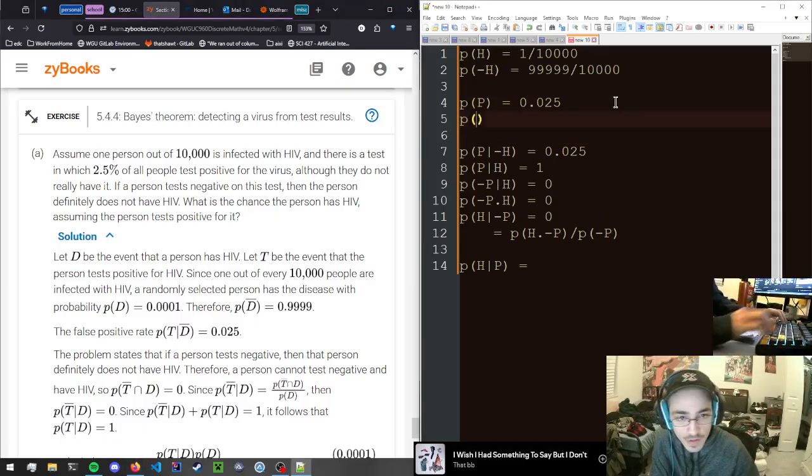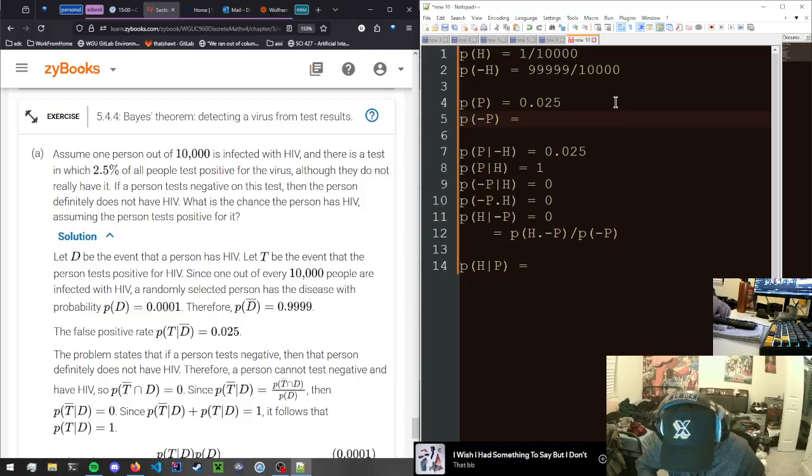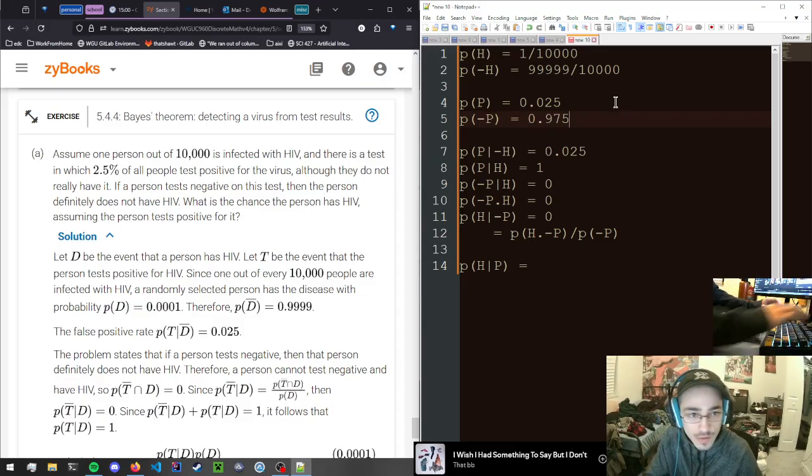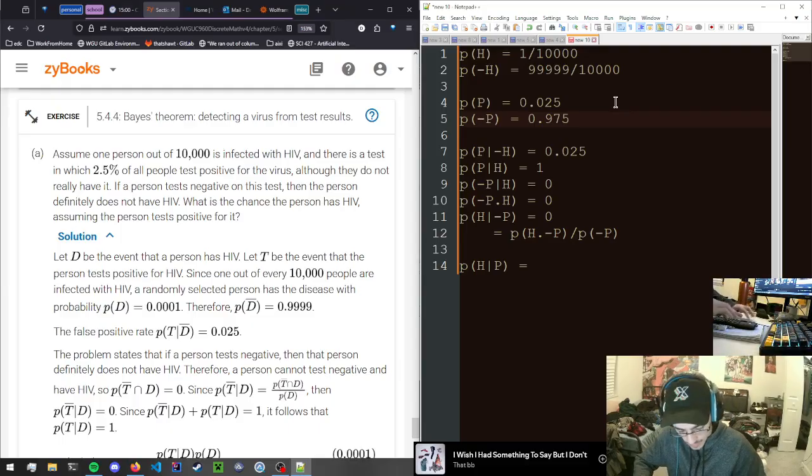Alright, let's try this out. Let's see if this works. So let's do the 1 minus right here, and let's get this one. Let's just see if this makes sense.